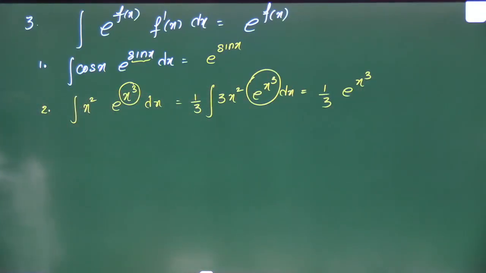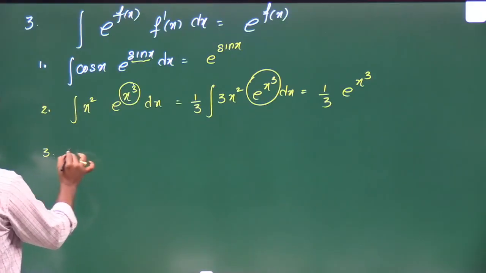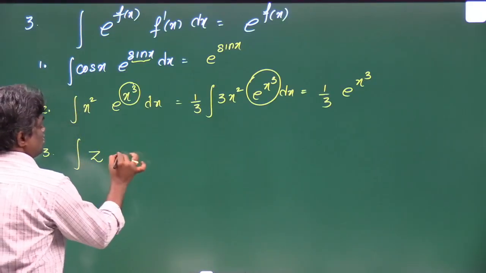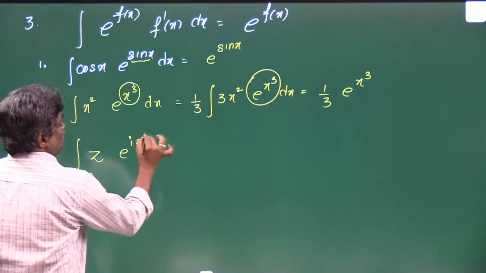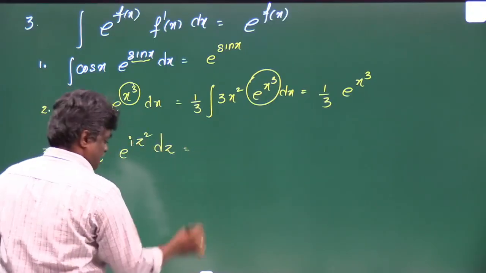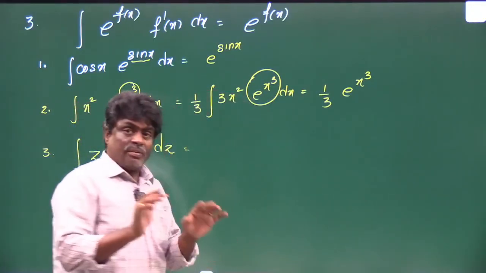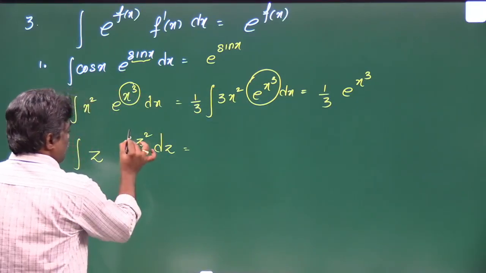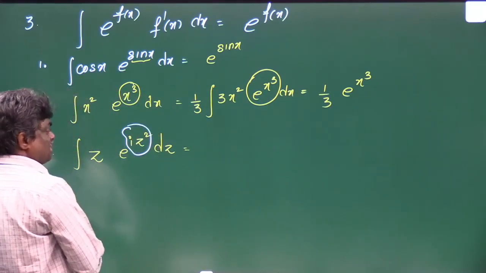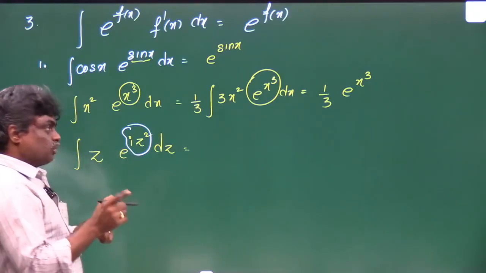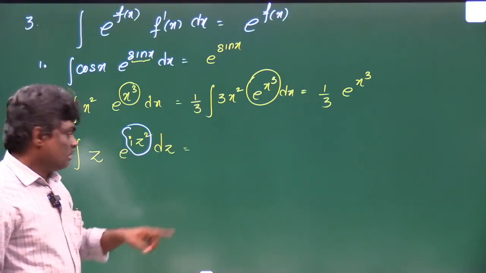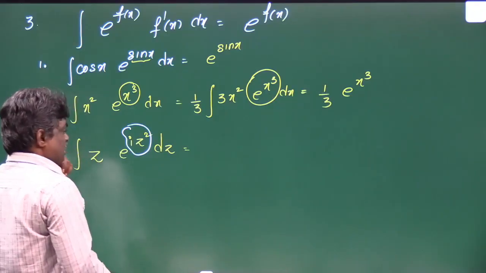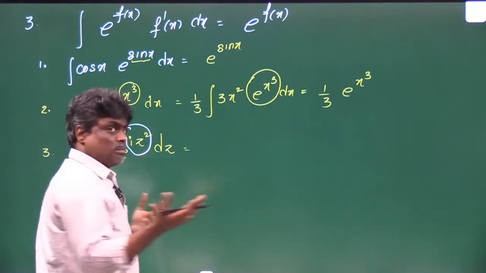Next, the third one, please do it yourself, just pause the video and do it yourself. Integral z e raised to i z square dz. Let us take this, just pause the video and do it and then check the answers. So here this is your f of x, its differentiation is 2iz, iota. Here 2 is not there, iota is not there, so no problem, both are constants.